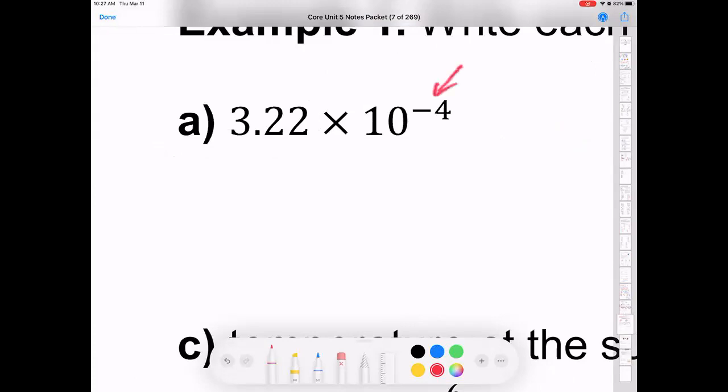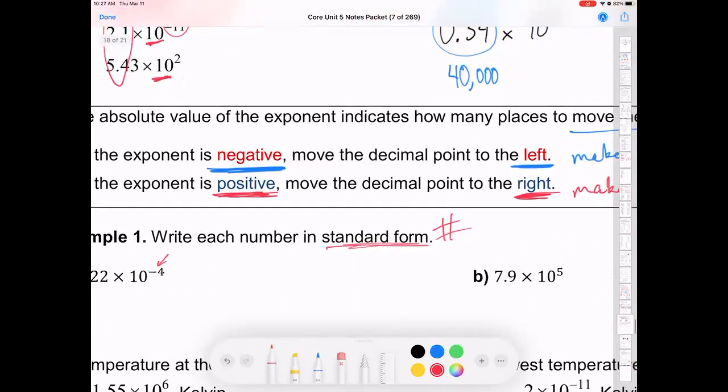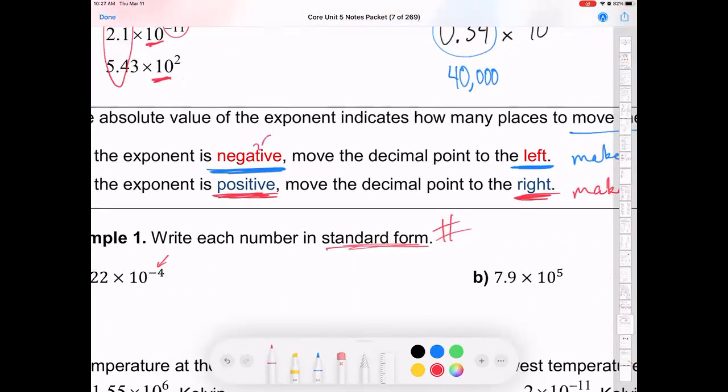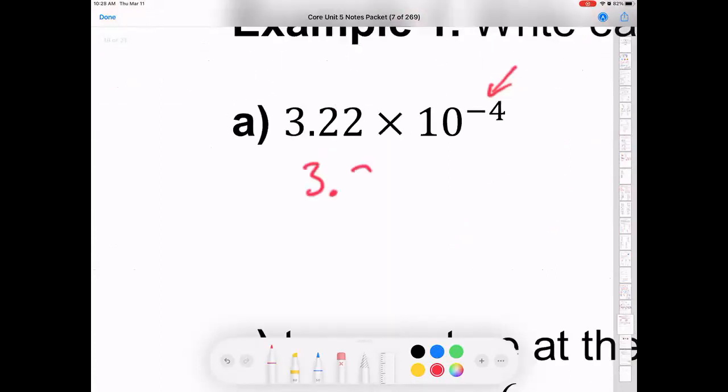Because we have a negative exponent, according to our chart, we're going to move the decimal place to the left. So we take this number, 3.22 times 10 raised to the negative 4, and we move the decimal left 4 places. That's what that number tells you.